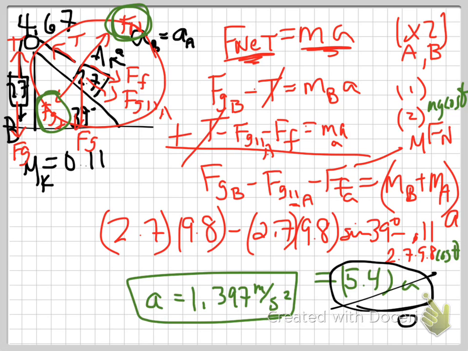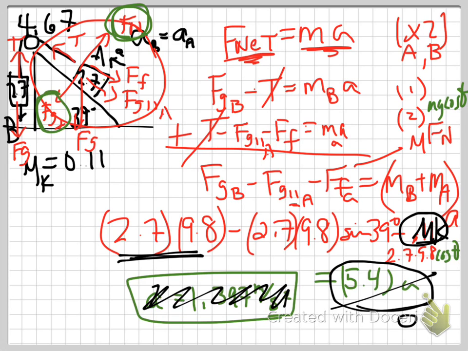becomes 0. And what I can do is substitute mu k here. So equilibrium means that A is 0, which means this force here is balanced by these two forces here.